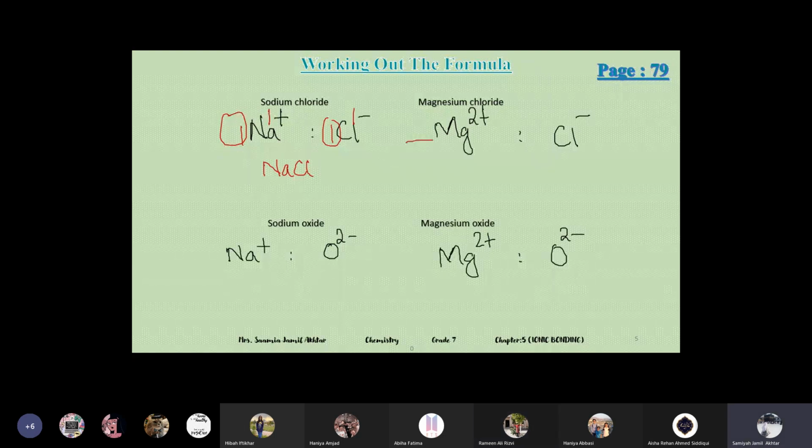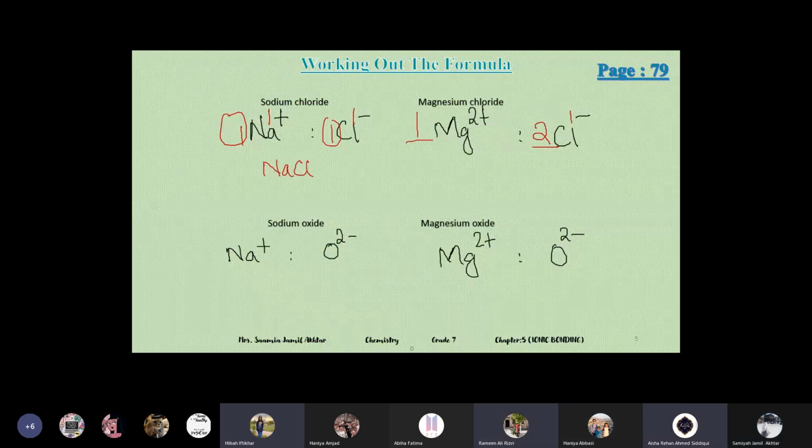What number should we write? With chlorine we should write 2. Very good. And with magnesium? 1.